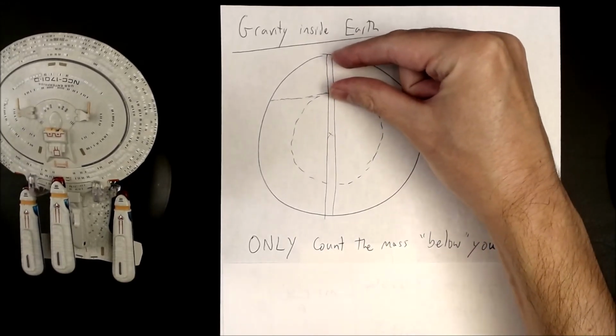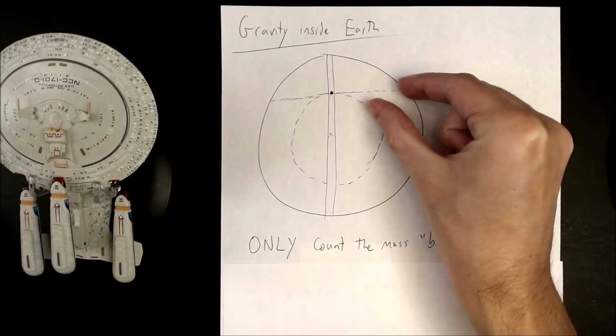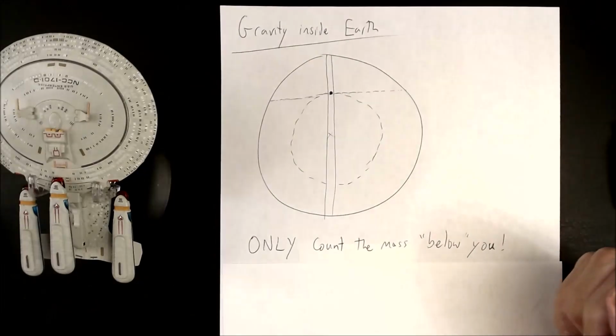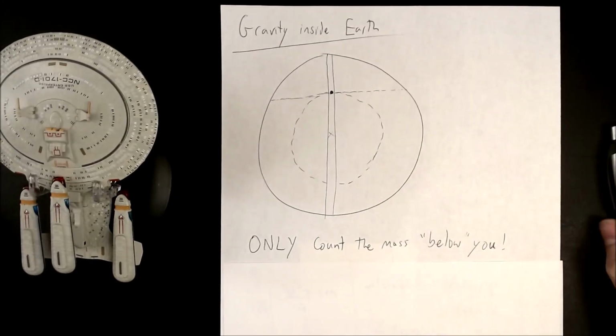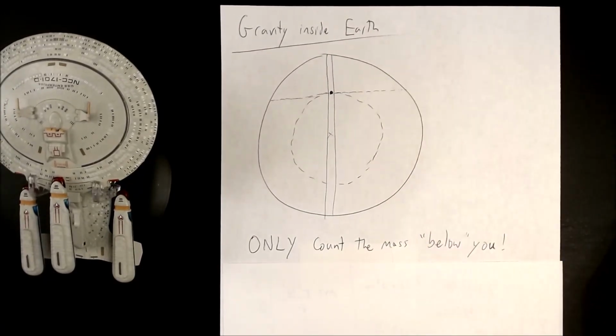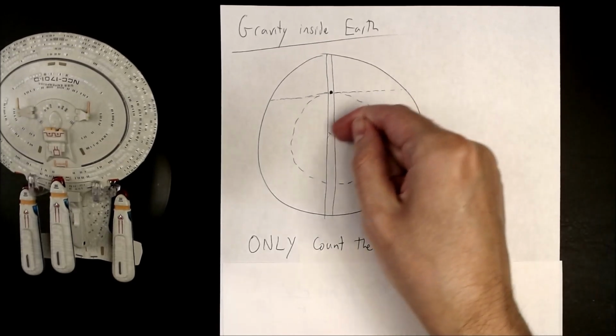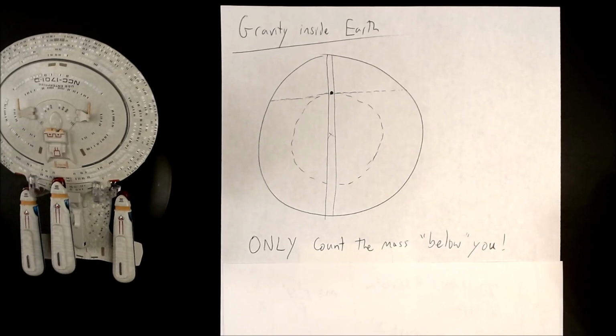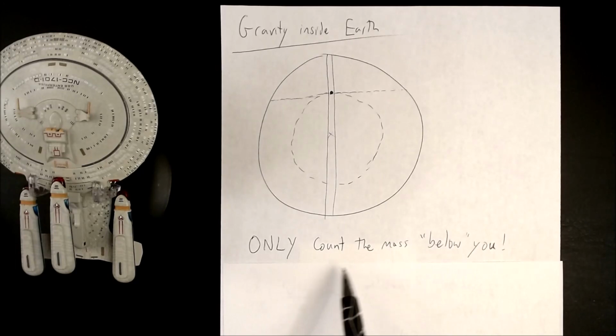Any part of the Earth that is less than 1,000 miles down is not going to count when calculating gravity at your point. Only the matter that is closer to the center of the Earth than you are actually counts when trying to find the acceleration due to gravity inside the Earth. Only count the mass that's below you.